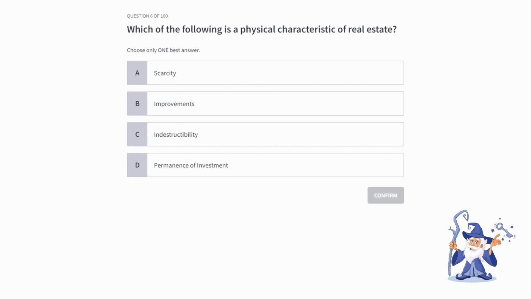Okay, so hopefully you guys came up with your answer. What is the correct answer for this one? Well, it's going to be C, indestructibility.